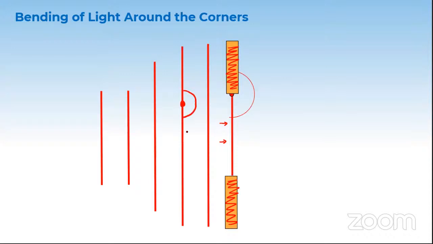It will create one more wavelet. This happens all the time, and I get one wavefront here. Similarly, every point on this wavefront will act as a wavelet and give rise to one more wavefront. We remember this concept, right?